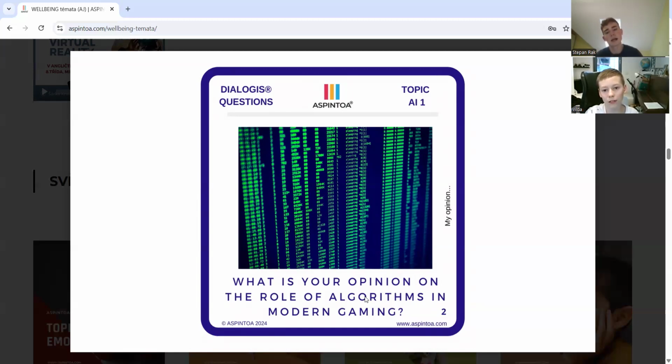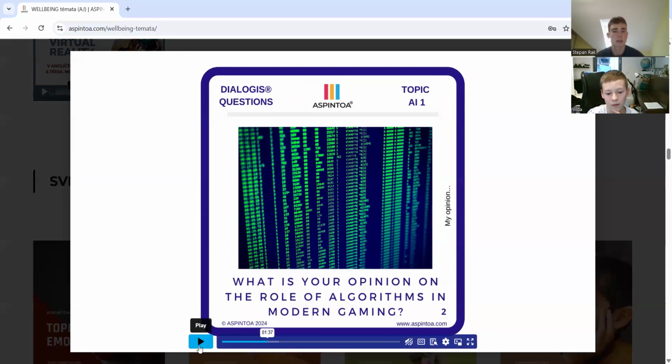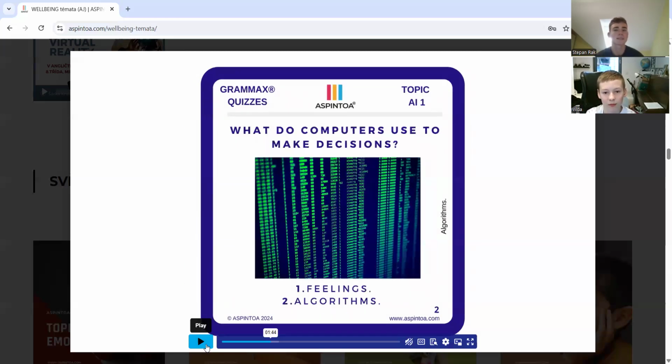I think in games, what the algorithm would do is the computer would take in information based on what you do with your controllers and then give you back what you are supposed to see in the game. So it's probably a good thing, I would say, and it's advancing quite rapidly these days. Yes, it is. We're always getting more and more realistic games. It's amazing.